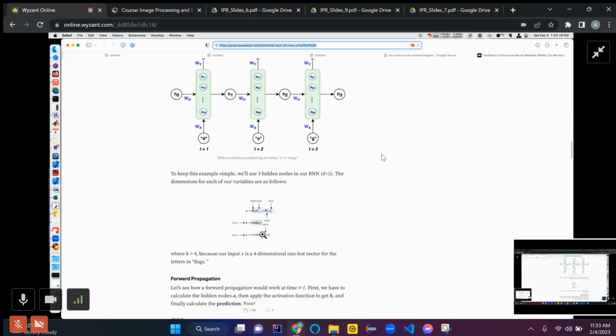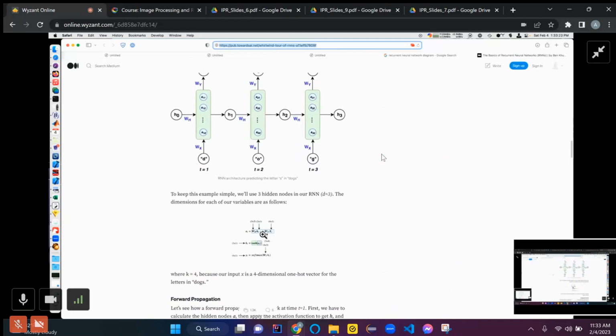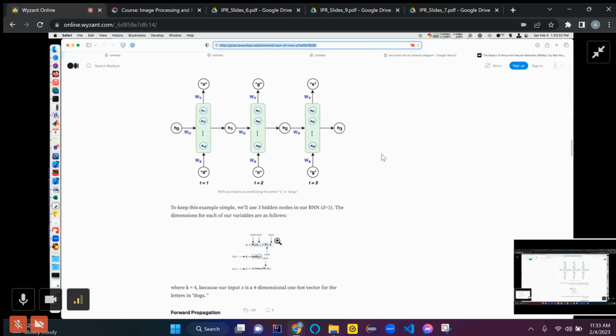So each output Y would have 4 output neurons, but then you do a softmax over them to get your final answer. So when they say output here, I don't know if that's what they're getting at, or if they're assuming you would also do a softmax.